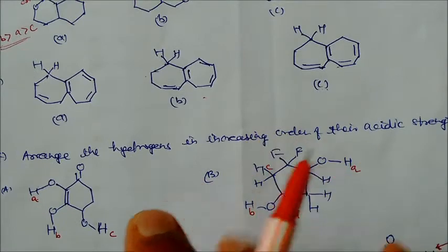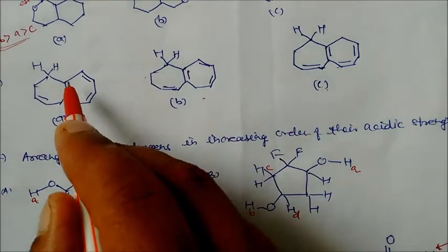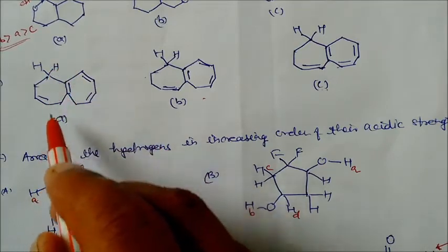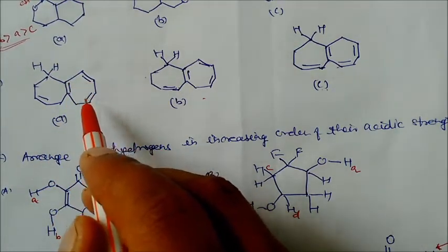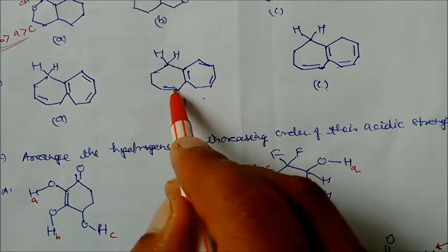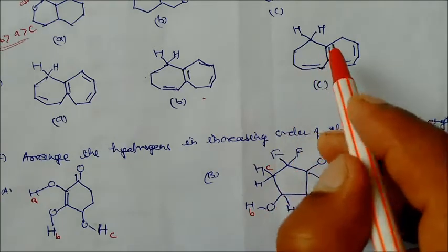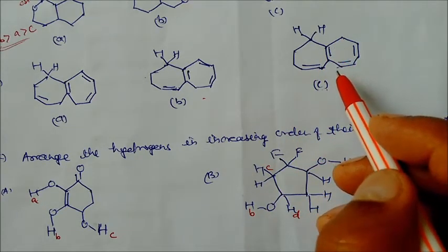Now in the case of this one, A, B, and C. If you remove this hydrogen over here, this undergoes resonance, and three double bonds are there. Here we also have three bonds, but these pi electrons are also nearby. And in these cases, if you remove hydrogen from this side, this will also undergo resonance.